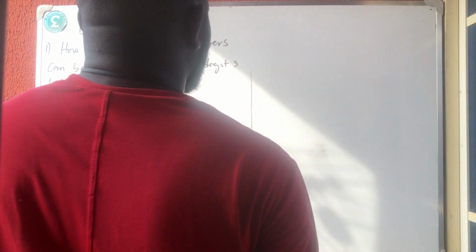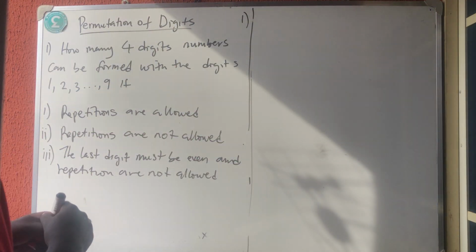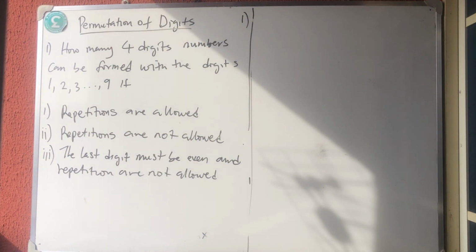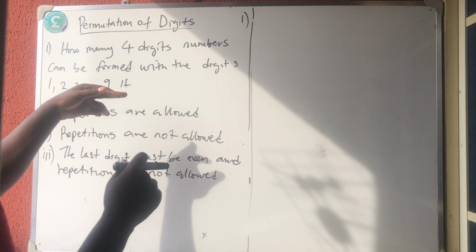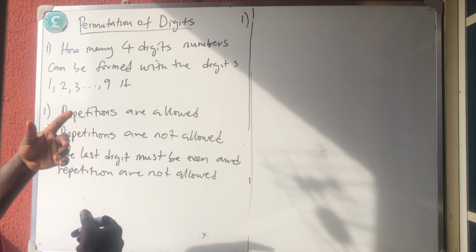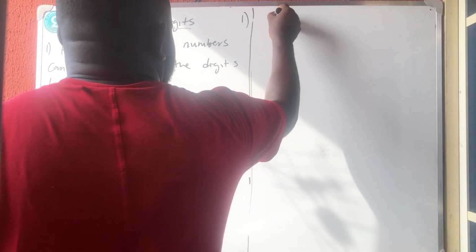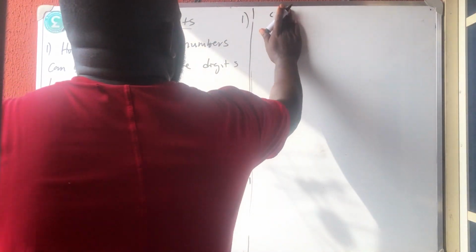Now, if repetition is allowed, number one, watch. If repetition is allowed and I want to form just 4-digit numbers, to form the first number, I can use any number I like. I can use 1, I can use 2, I can use 3, up to 9, in 9 ways.